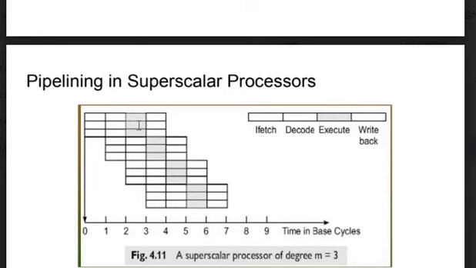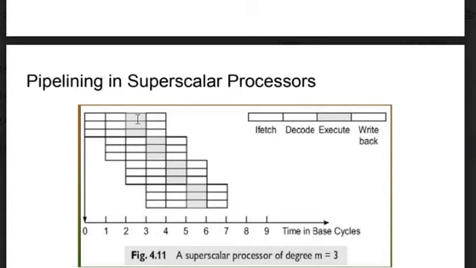When it can execute 3 at a time, it can perform 3 decodes, 3 fetches, and 3 write backs. But one problem here is that the 3 we supply for execute should be independent, not dependent. Check for Bernstein's conditions.